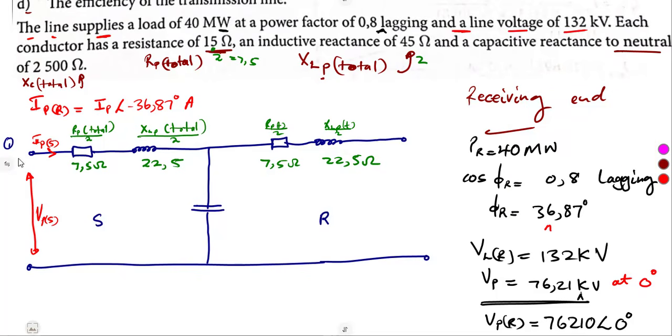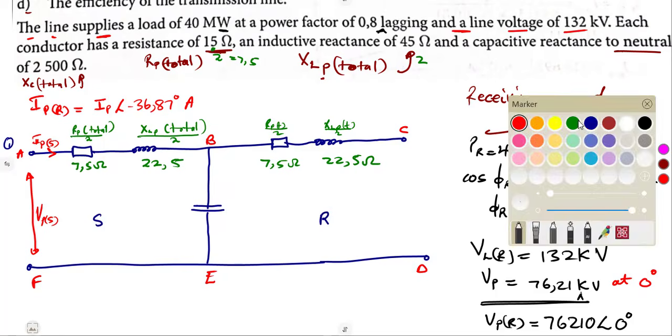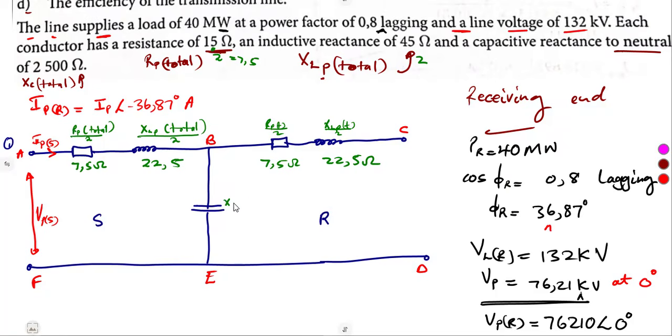All right, let's have our points. This is A, B, C, D, E, and F. So taken between points B and E, where we've got the capacitor to the neutral. We are given the total reactance.